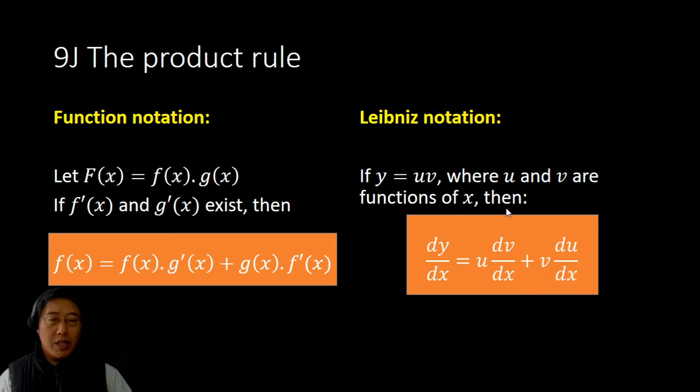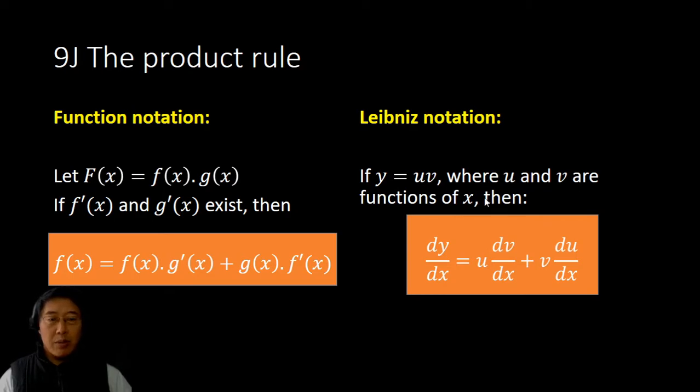I'm going to move on to the other notation, the Leibniz notation, which is my personal preference. It's easier to remember because it will also help you remember the quotient rule. We have a different notation, we call it y equals u times v.